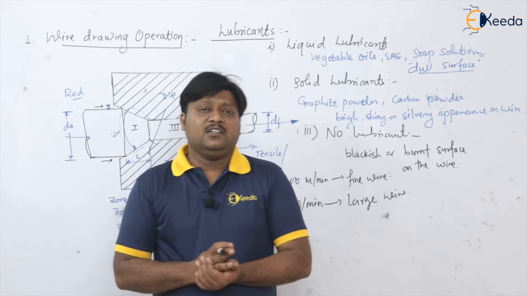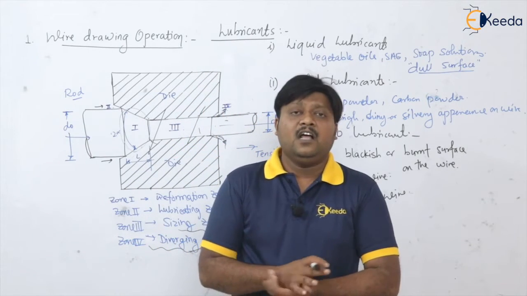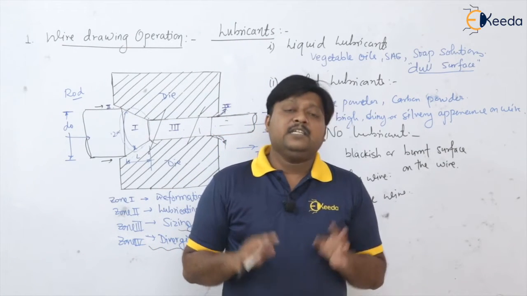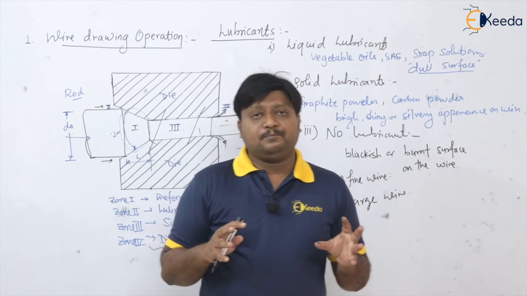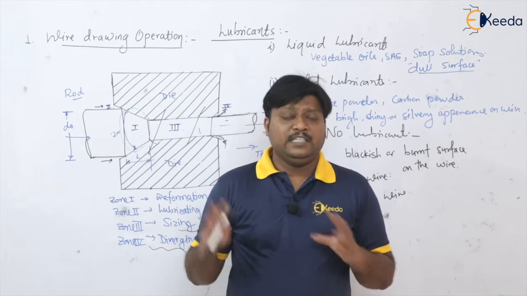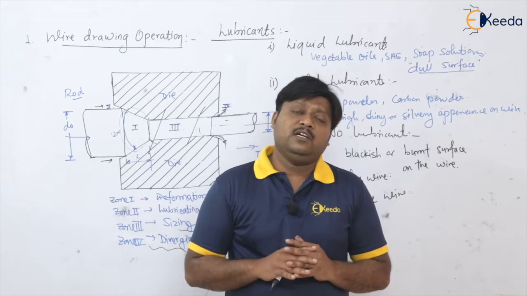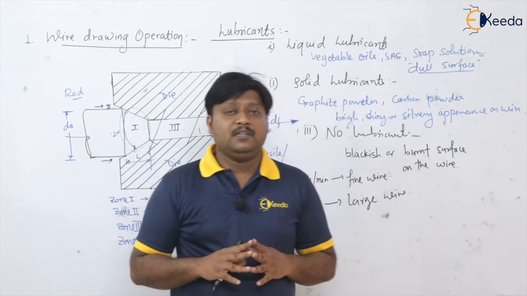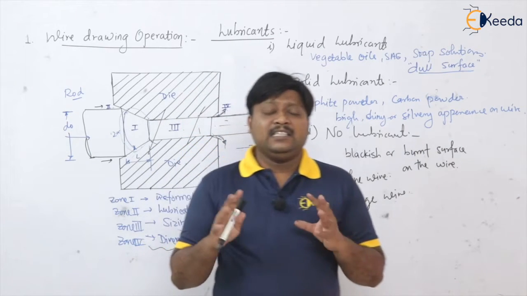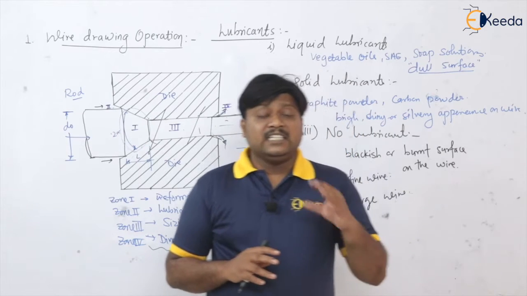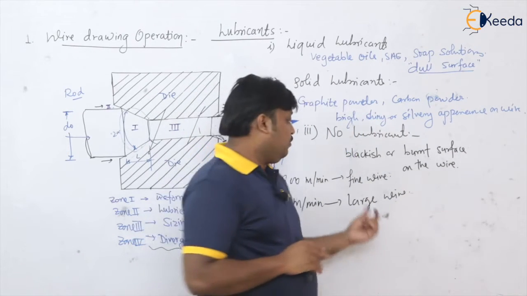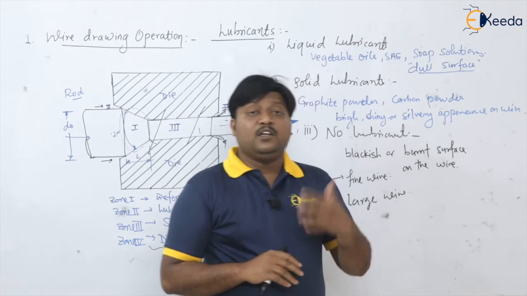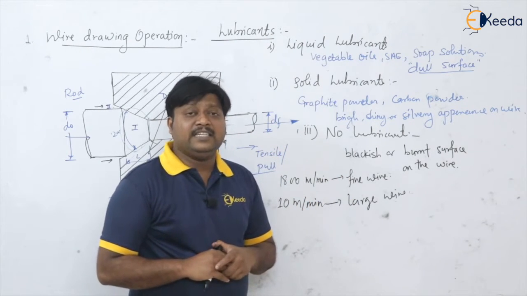For very long runs we can have chilled cast iron dies, but basically to draw large size wires we use carbon steel or high speed steel as the die material, whereas if the size of the wire is in the medium range you can go for tungsten carbide dies, and when you are going for very fine or very small wire sizes, you can use black diamond dies as the die material.